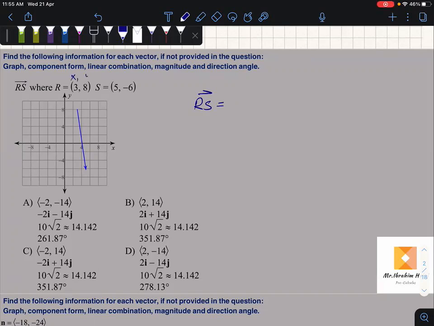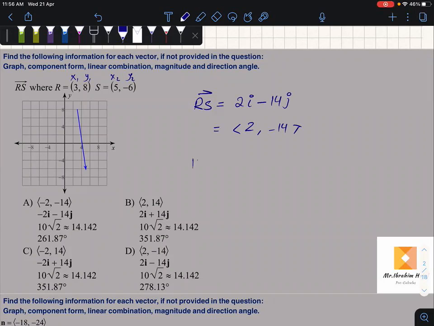We have x1 and y1 and x2 and y2, and we can find it as x2 minus x1, then i, and y2 minus y1, and then j. So it's 5 minus 3, which is 2i, minus -6 minus 8, which is -14j. And then we can write it now as (2, -14).